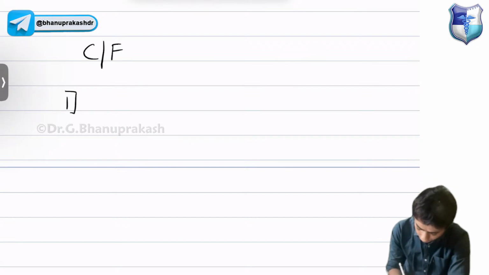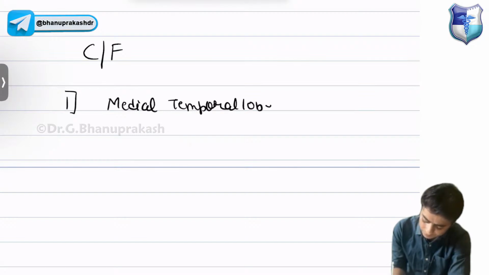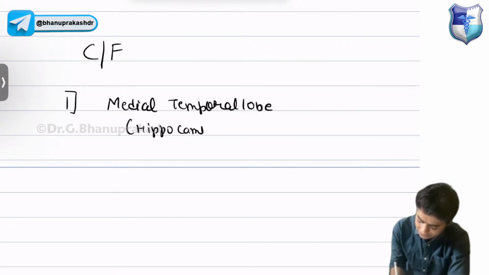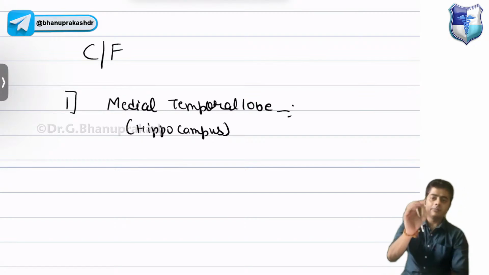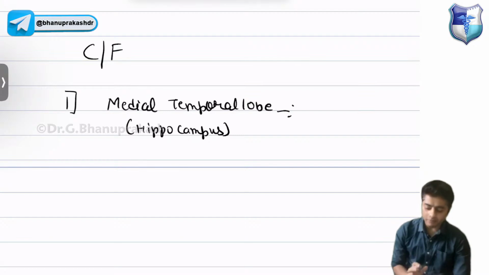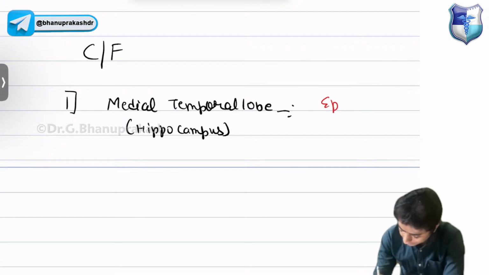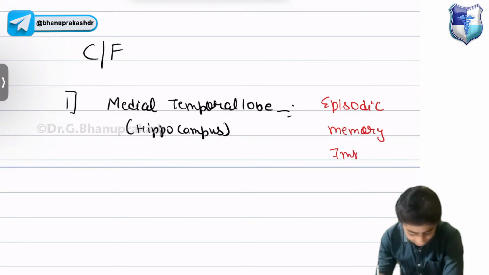Your medial temporal lobe, that is your hippocampus. Now tell me, if the medial temporal lobe is damaged, which memory will be gone? Your episodic memory impairment.